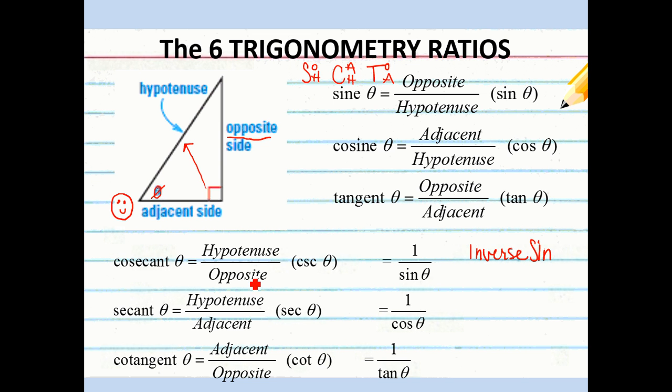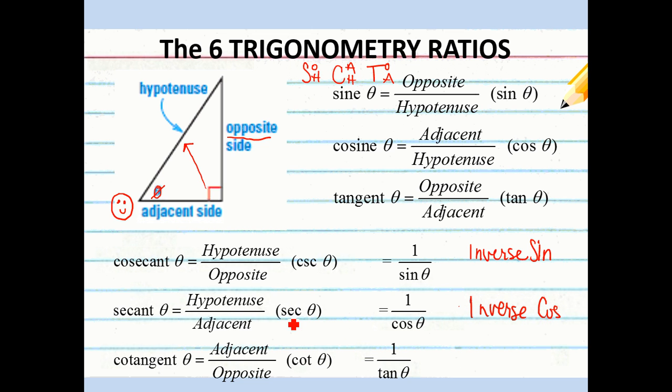Well, cosecant is hypotenuse divided by opposite. And then there's secant, which is the inverse of cosine, or 1 over cosine, or another way I could say that is the hypotenuse over adjacent.